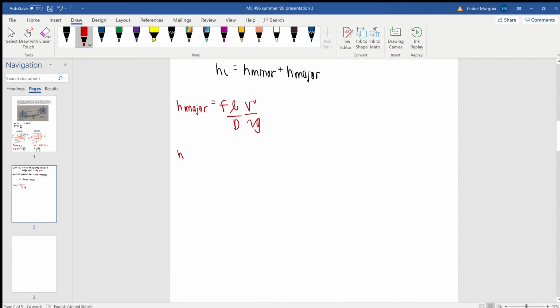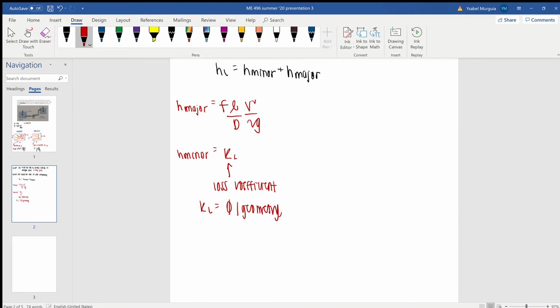And then for the minor head loss, it is going to be defined by this constant, K sub L, which is the loss coefficient for each component. So for an elbow, it'll have a certain value. For a T, it'll have a certain value. So this is the loss coefficient, and this loss coefficient is actually dependent on the geometry of the shape, right?